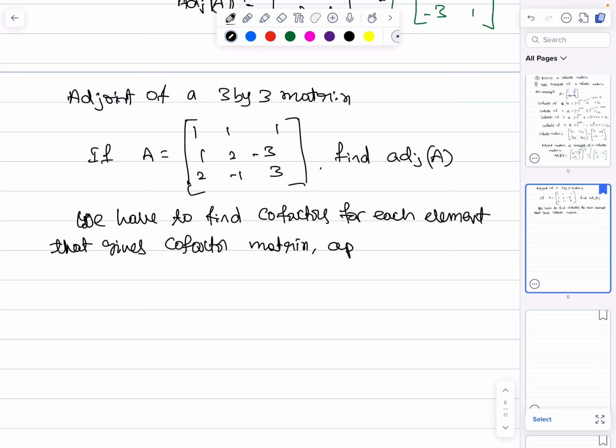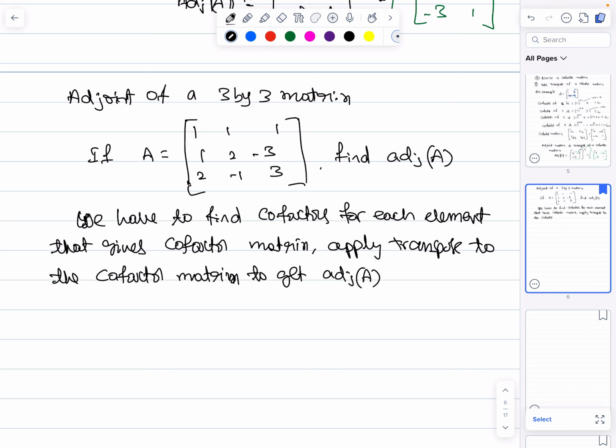Apply transpose to the cofactor matrix to get the adjoint of A. This is the procedure. So to find the cofactor matrix, earlier you had only a 1 by 1 matrix, it is easy. Now you have to find 9 such positions. So moving back to the first position.